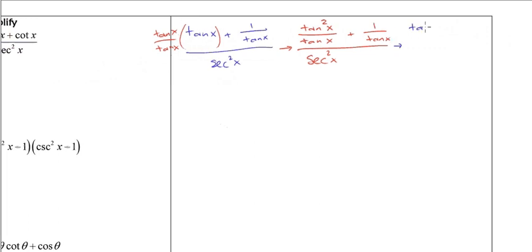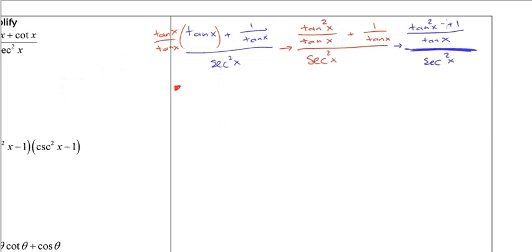So we have tangent of x squared plus 1 over tangent of x, and that whole term is being divided by secant of x squared. All right, come on back to the beginning here, and we'll keep on working.